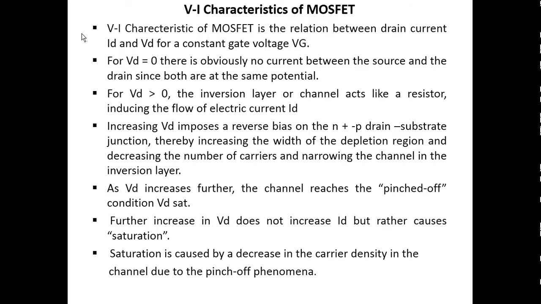Or the VI characteristic of a MOSFET is the relation between the drain current ID and the drain to source voltage VDS, or VD, for a constant gate voltage VG.